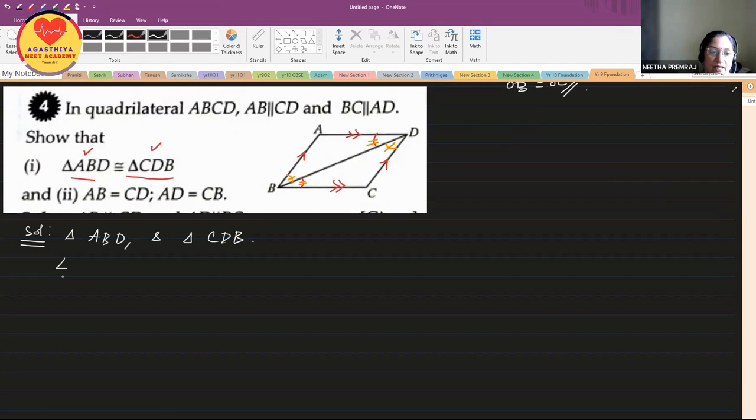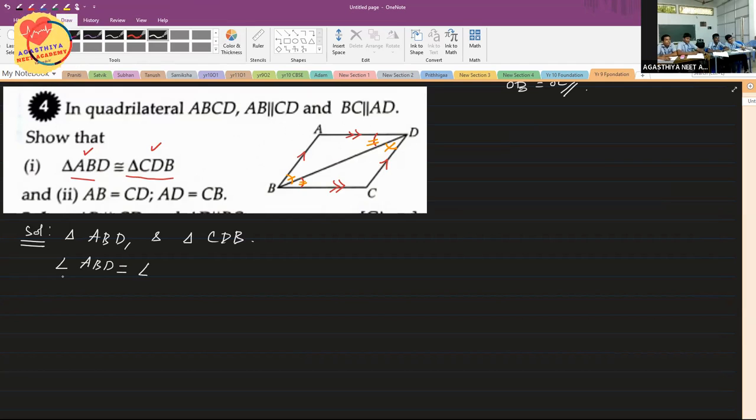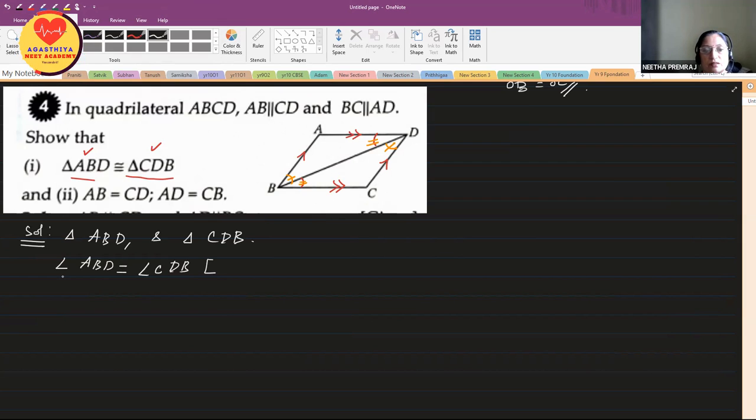Now you write angle ABD. Angle ABD is equal to what? Angle CDB, isn't it? Why? Alternate angles.